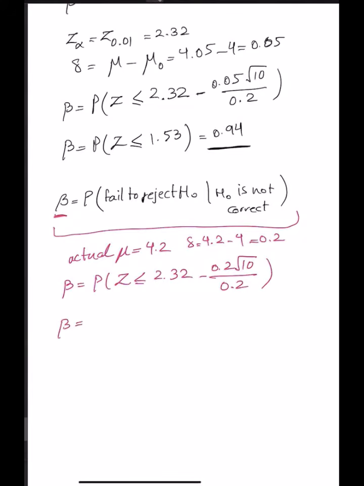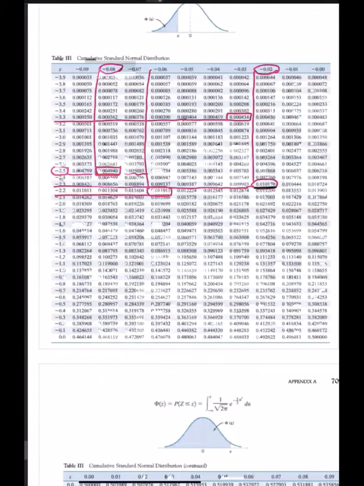And that's going to be the probability of z less than or equal to 2.32 minus 3.16, and that's going to be the probability of z less than or equal to minus 0.84. And if we go to the z table to find minus 0.84, it's here. So we see that the probability is 0.2.